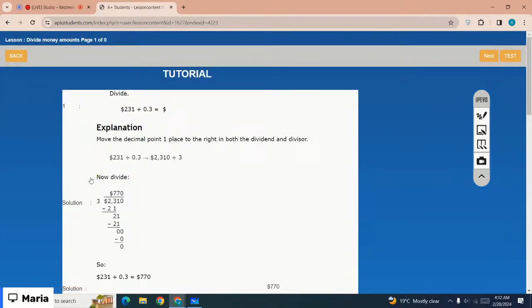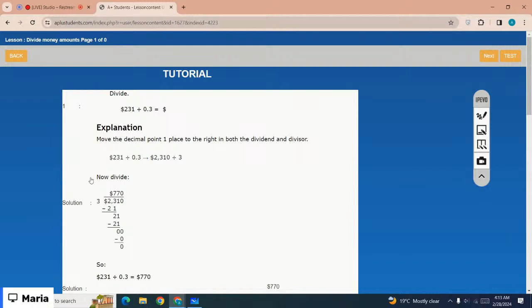Okay, the first one is 231 divided by 0.3. The same way you divide decimals, right? First, let's divide as if you don't have the decimal point. The divisor 0.3 has one decimal place.